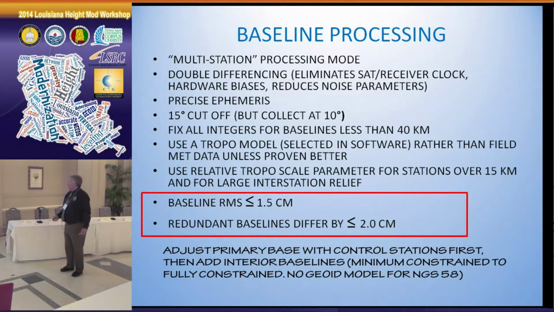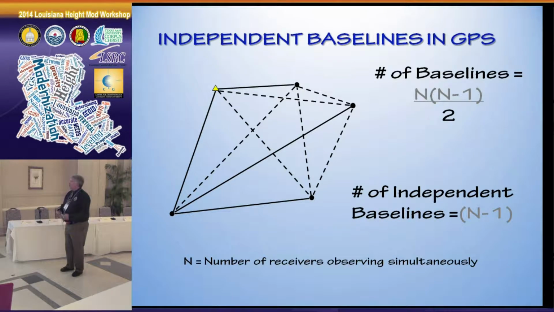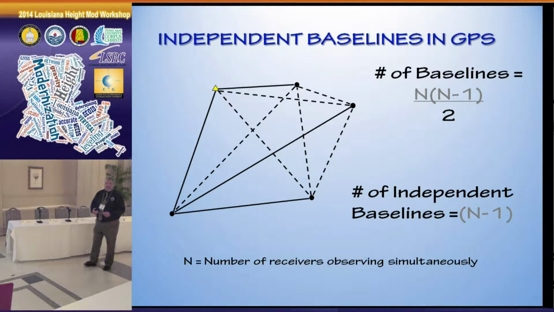So these are the guidelines. Also, just process the non-trivial vectors or independent vectors, whatever you want to call it. The theory is that when you have a setup, for instance, with five receivers, you can have 10 possible baselines.